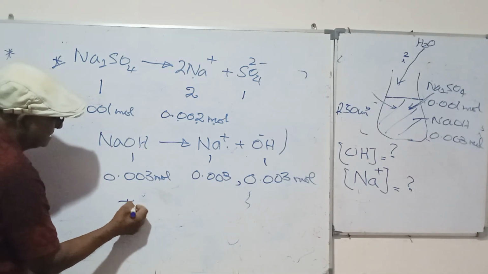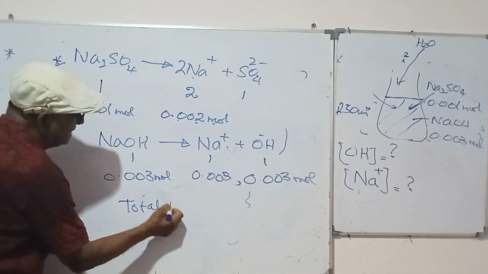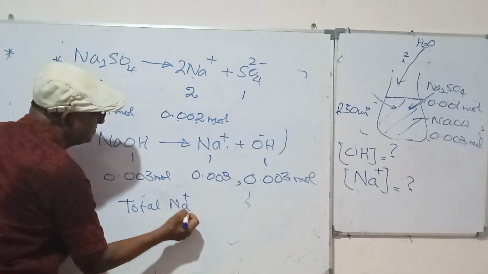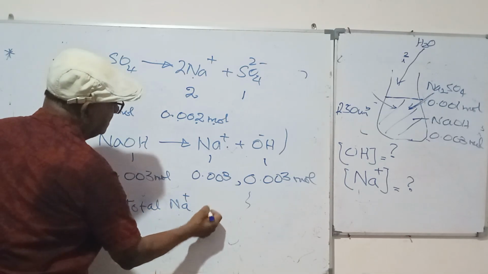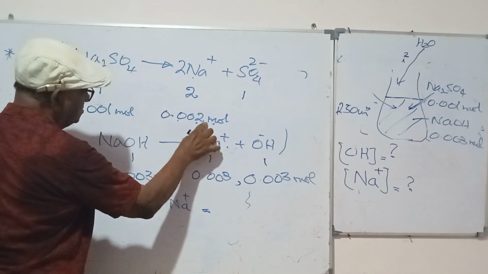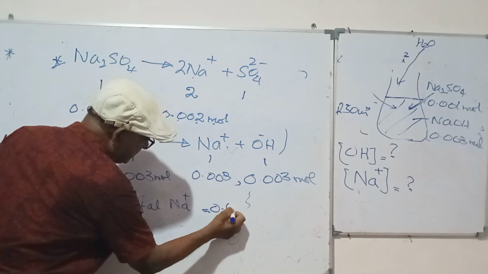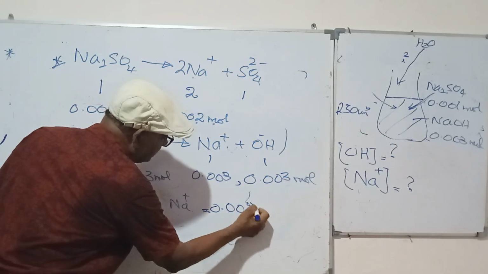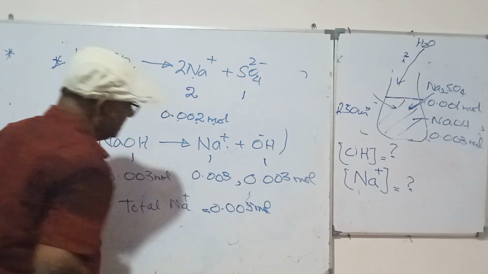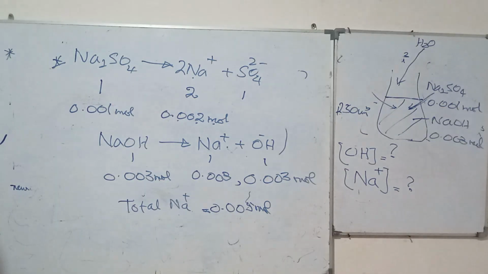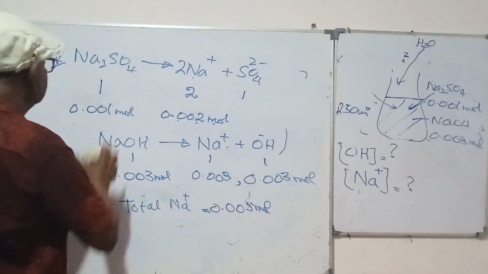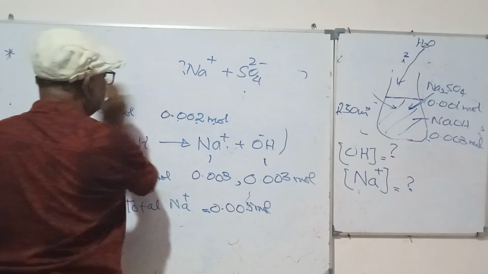Altogether, total Na plus, addition of 0.002 plus 0.003, 0.005, is the total amount of Na plus present in the final solution. Then we can give the concentration of Na plus.